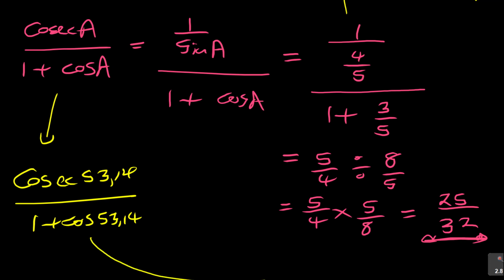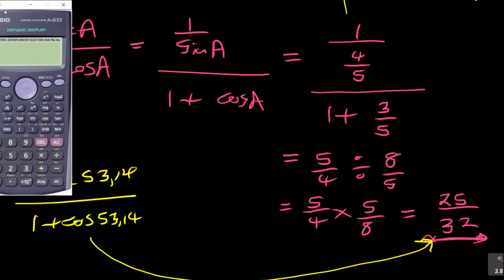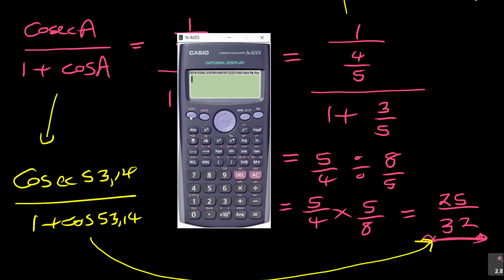Whatever I get, it must give me this answer here. So let me use the actual value that is not rounded off. What do you do? Remember I said shift arc cos, it was 3 over 5, right? Like this. So this is the value. So I'll keep my answer.